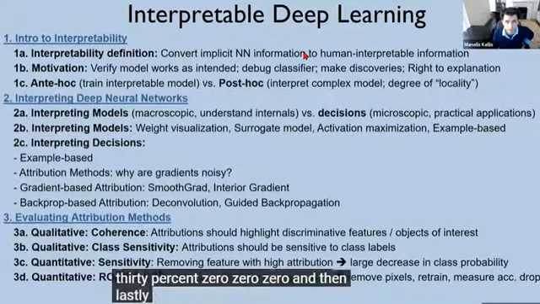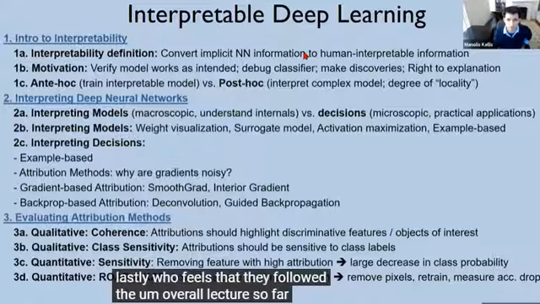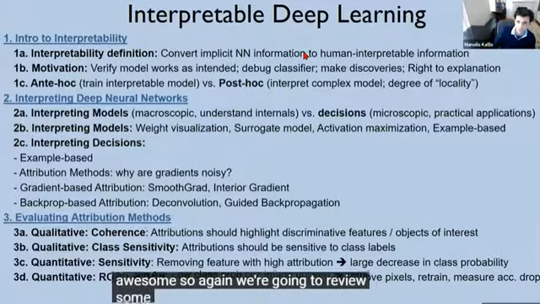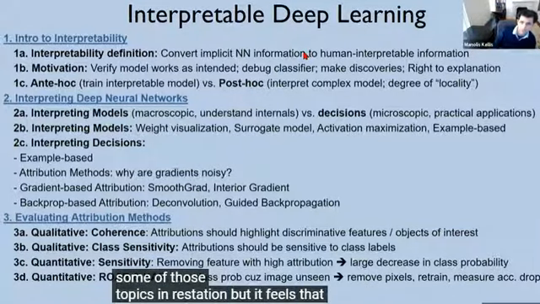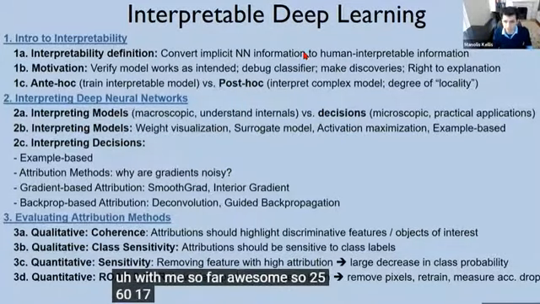And then lastly, who feels that they followed the overall lecture so far? Awesome. So again, we're going to review some of those topics in recitation, but it feels that you guys are pretty much with me so far. Awesome. So 25, 60, 17, 0, 0.